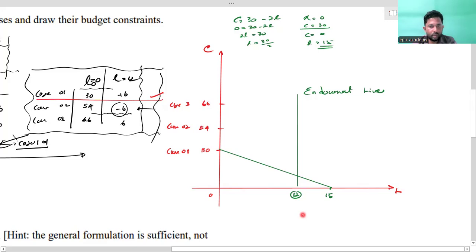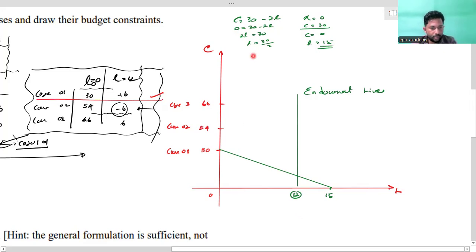So case one is invalid, yes, actually it is invalid. You can't consume in this area. But those values are okay. But after this endowment line, values are not realistic. You can't do that under this circumstance.